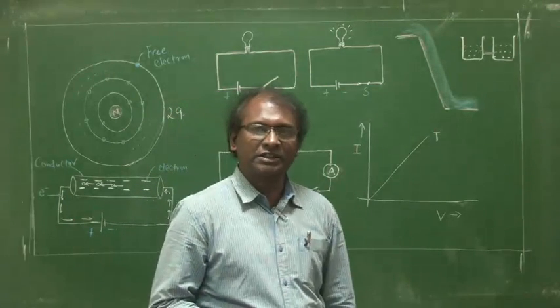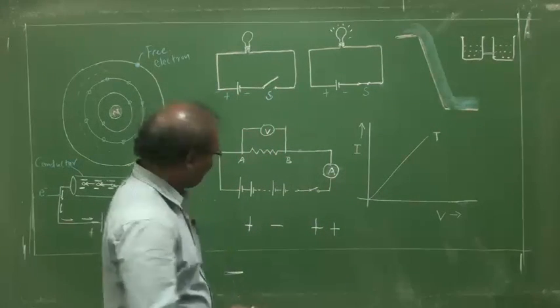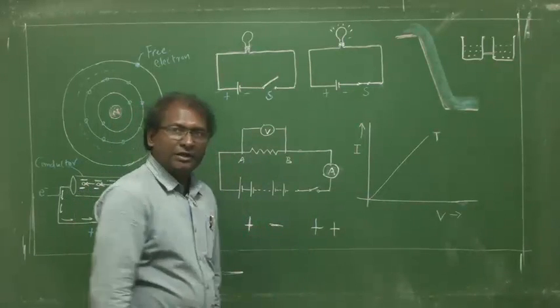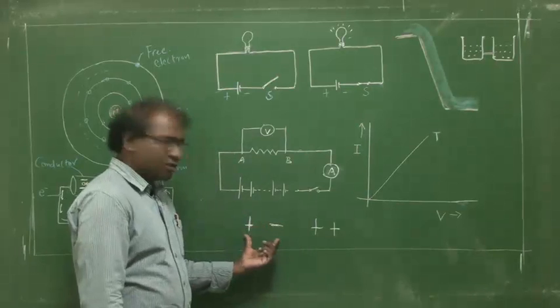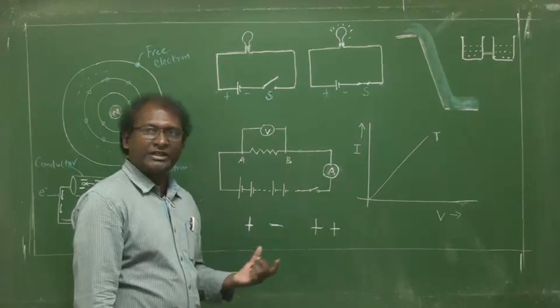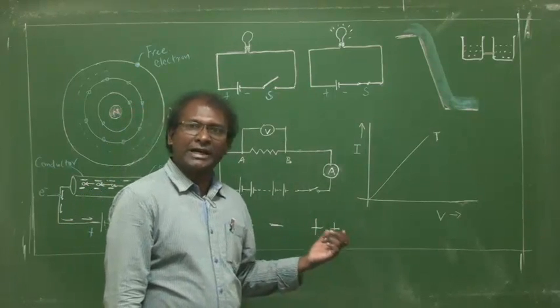We have studied in electrostatics that there are two kinds of charges: positive charge and negative charge. When two opposite charges or unlike charges come together, they attract. When like charges come together, they actually repel.